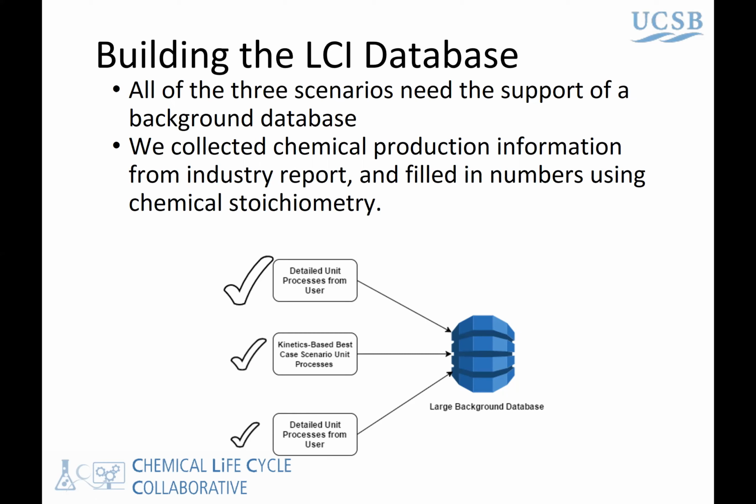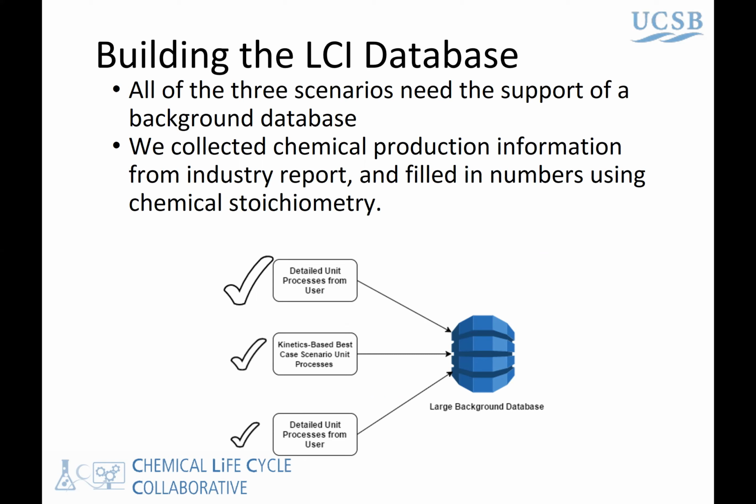Over this summer, one of our biggest achievements is that we built this database. We collected the data from industry reports, and we filled in the numbers in the database internally using chemical stoichiometry.